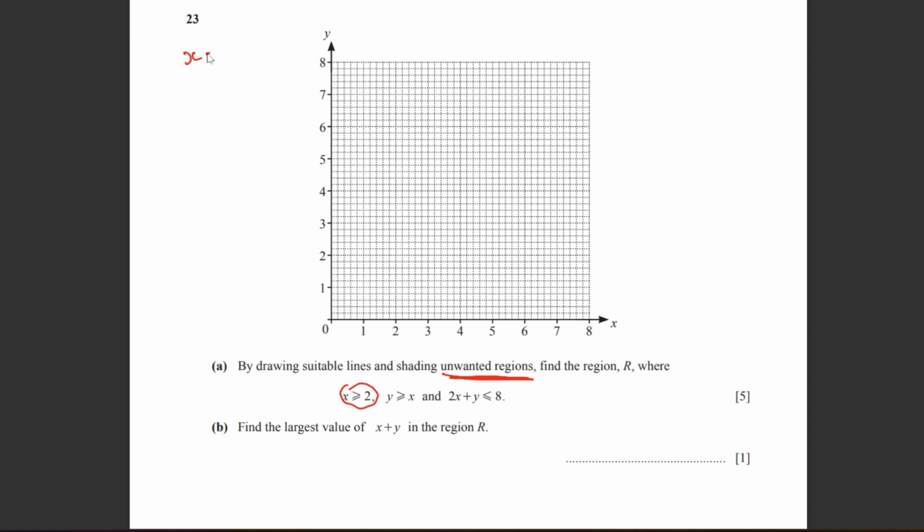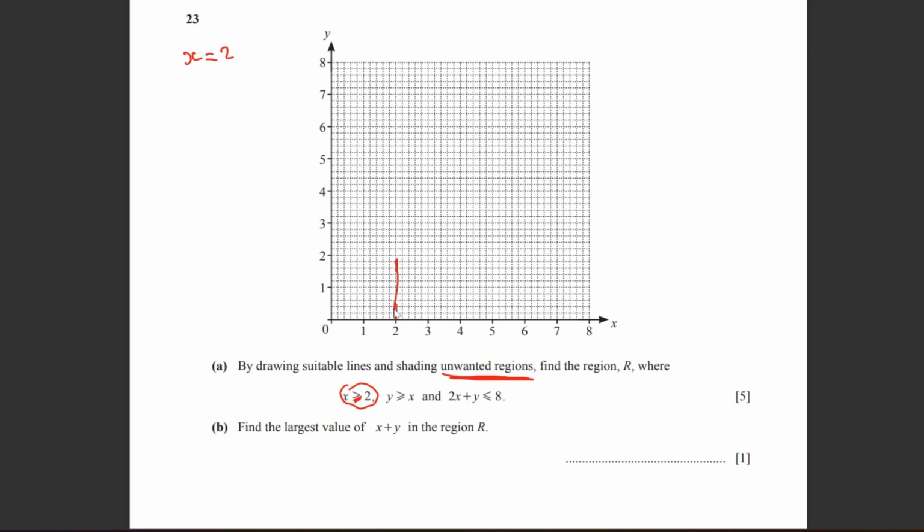So where is x equal to 2? Here, x equals 2. If it is greater than or equal, it will be drawn as a solid line. If there is no equal, meaning smaller only or greater only, that means a dotted line. You should use a ruler, of course, but I am doing this like a free sketch.